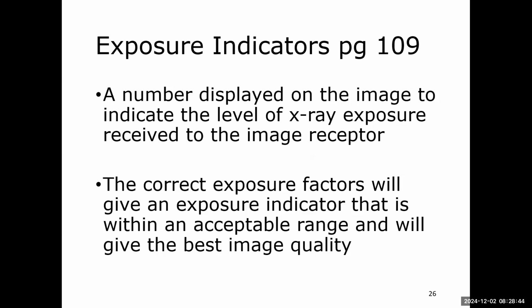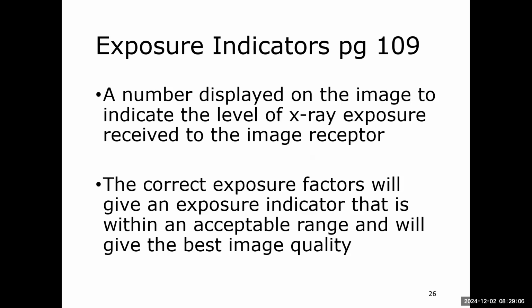Exposure indicators. On page 109 of your Faber book is a good little blurb about exposure indicators. It is the number that's displayed on the image to indicate the level of X-ray exposure received by the image receptor. Something that I want you to understand and know, it is not a measurement of patient dose.